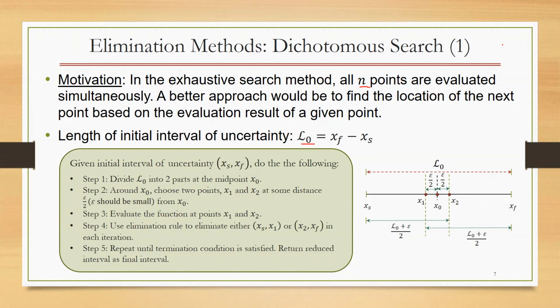Then we substitute x1 and x2 into the function, and in each iteration we eliminate the part from xs to x1, or from x2 to xf.